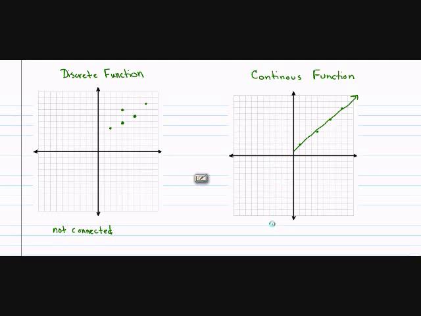So in other words, that's why it's called continuous, because it's connected. And that's pretty much the difference between a continuous function and a discrete function.